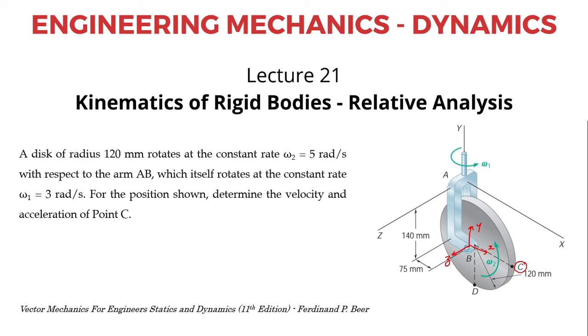Now this small xyz is undergoing rotation with respect to capital XYZ with an angular velocity omega 1. So small xyz is undergoing an angular velocity omega 1 with respect to capital XYZ.